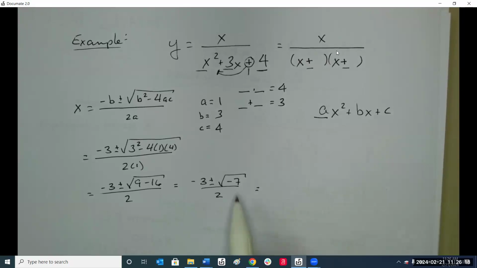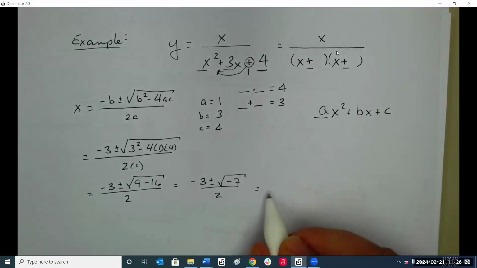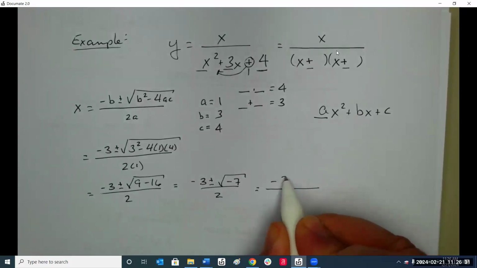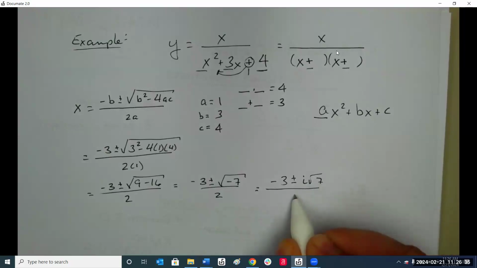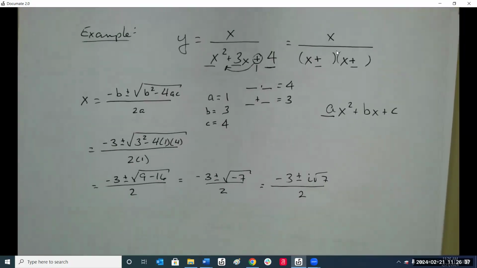So what happens to the radical? What's radical -7? It's an imaginary number. So it's i radical 7 over 2. What does that tell us about our solution set?